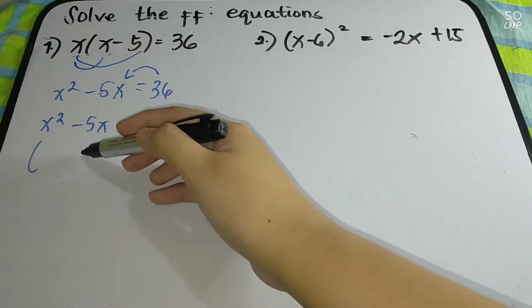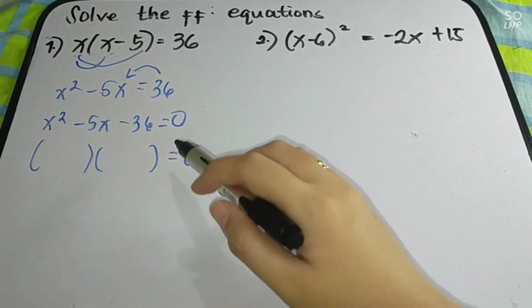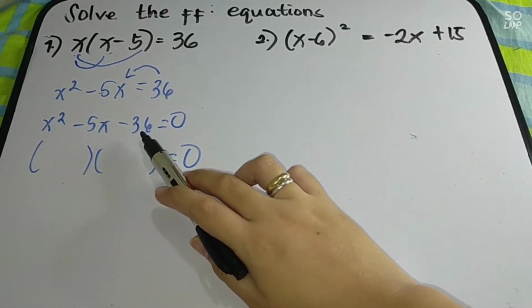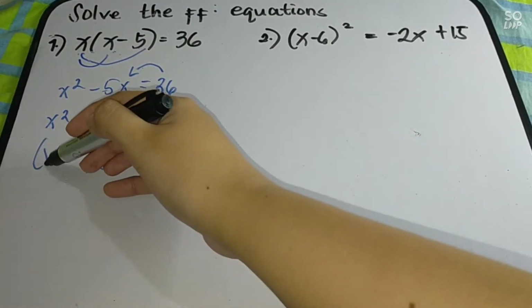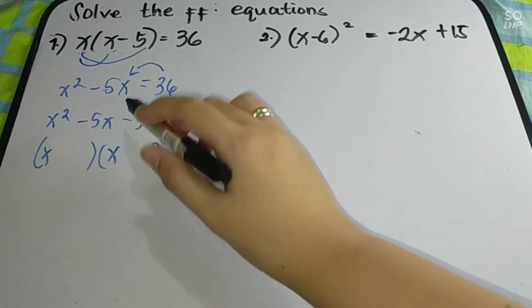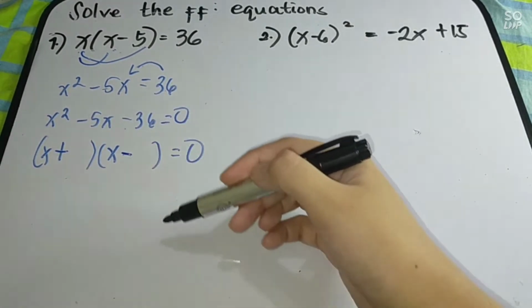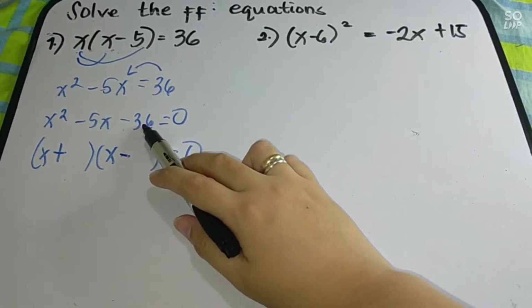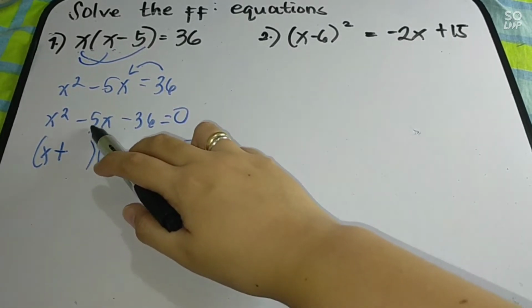Afterwards, we are going to factor for us to solve for x, then equate to 0. So, let us use factoring by trial and error. Factors of x squared, we have x and x. Now, factors of 36. Since the sign is negative, the signs should be positive and negative. Now, think of numbers, factors of 36, such that when you subtract them, the answer is negative 5.